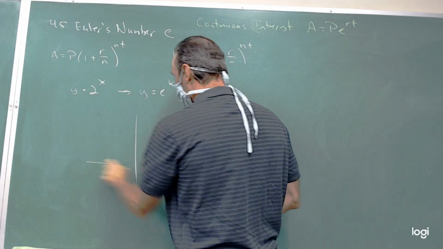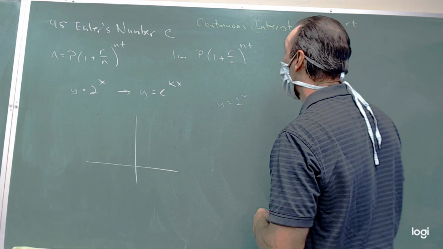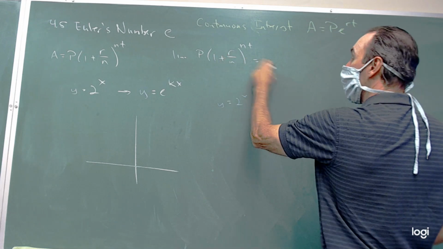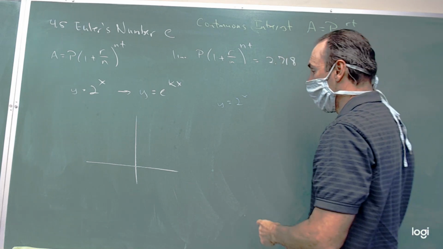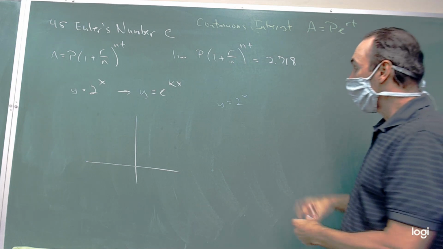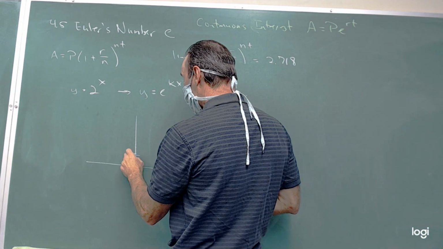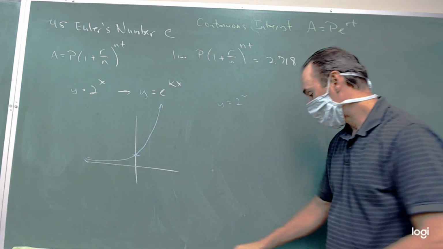So let's look at a graph for a minute. Let's graph y equals 2 to the x. Now remember, Euler's number is 2.718, on and on and on. So it's a number that's bigger than 2 but less than 3. If we graph 2 to the x, from what we talked about yesterday, we know it's going to be an exponential growth function, right?